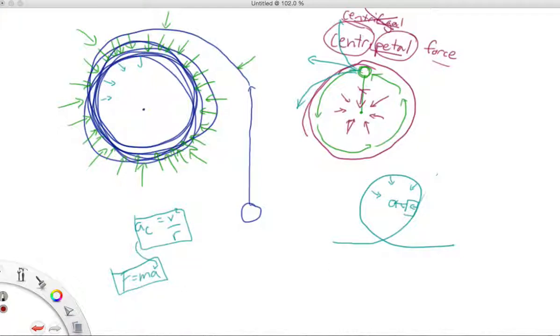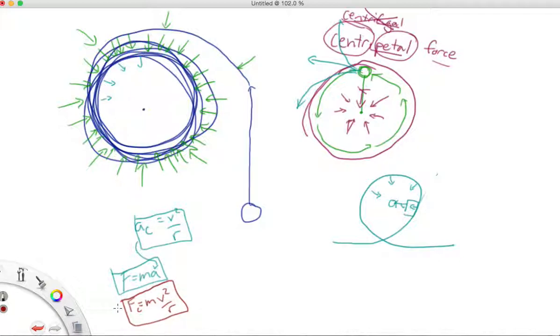You should be able to do this on your own, but I'll just do it right here. So if we plug the a in, it's going to look like this: m v squared over r equals centripetal force. I'll put a little c underneath to denote that it's centripetal. So that's our formula for centripetal force.